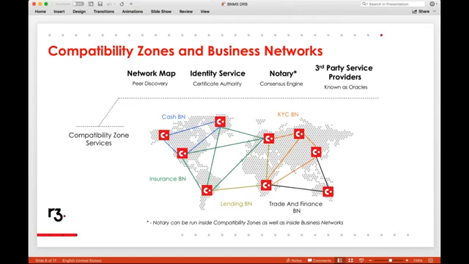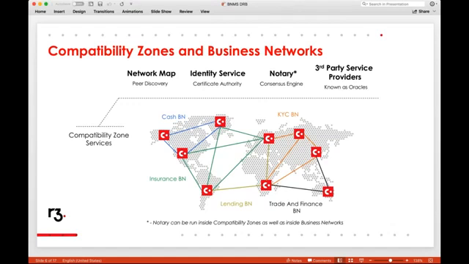From the top of the slide, you see a set of services which Mike and Richard briefly mentioned before, the services which belong to the compatibility zone. The first thing is obviously the network map for peer discovery, then the identity service, the domain which acts as certificate authority, and the notary as consensus engine. As you see, the notary is marked with a star.